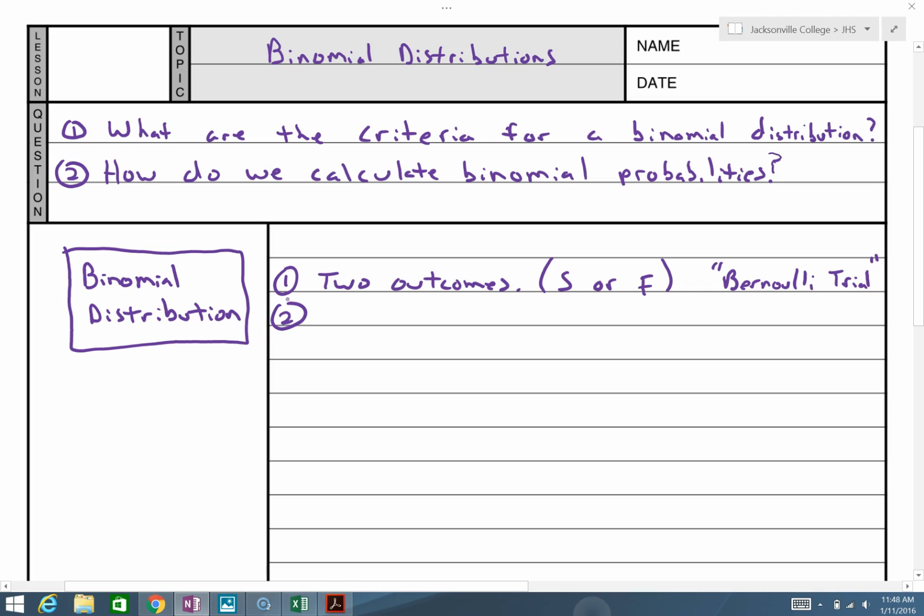Number two, there will be a fixed number of trials. Number three, the probability of a success will stay fixed.